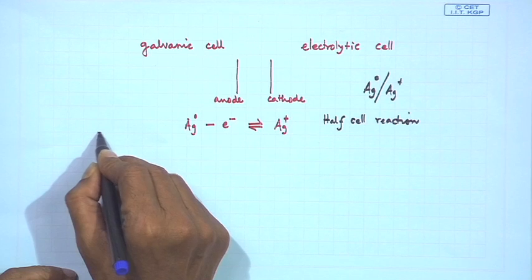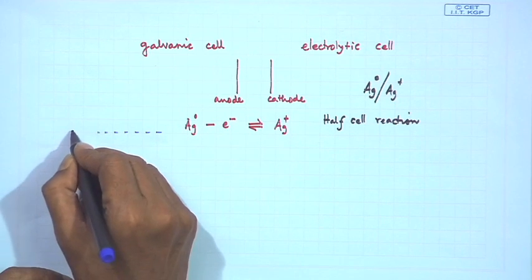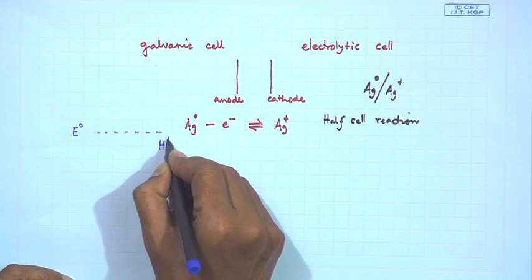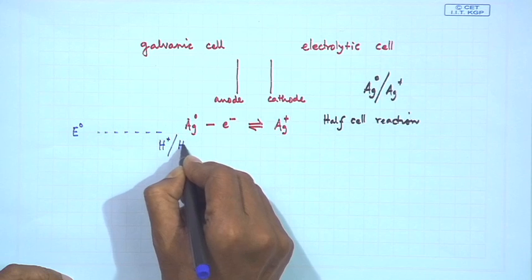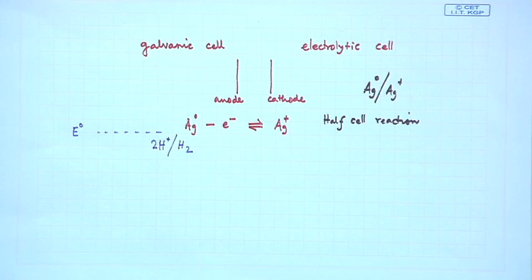So, from our school days also, we know that we consider the corresponding E0 value for the hydrogen electrode. The hydrogen electrode is the corresponding reduction of 2H+ reducing to hydrogen gas.